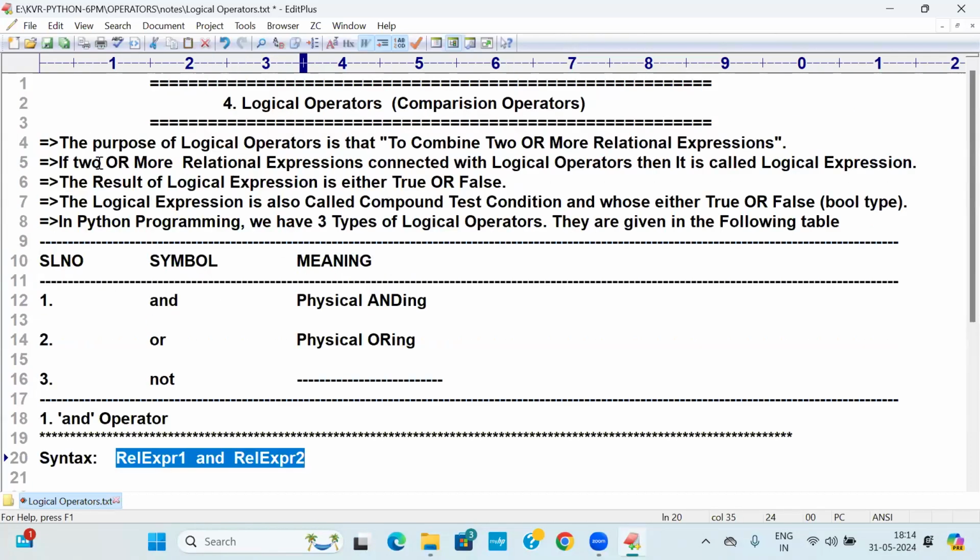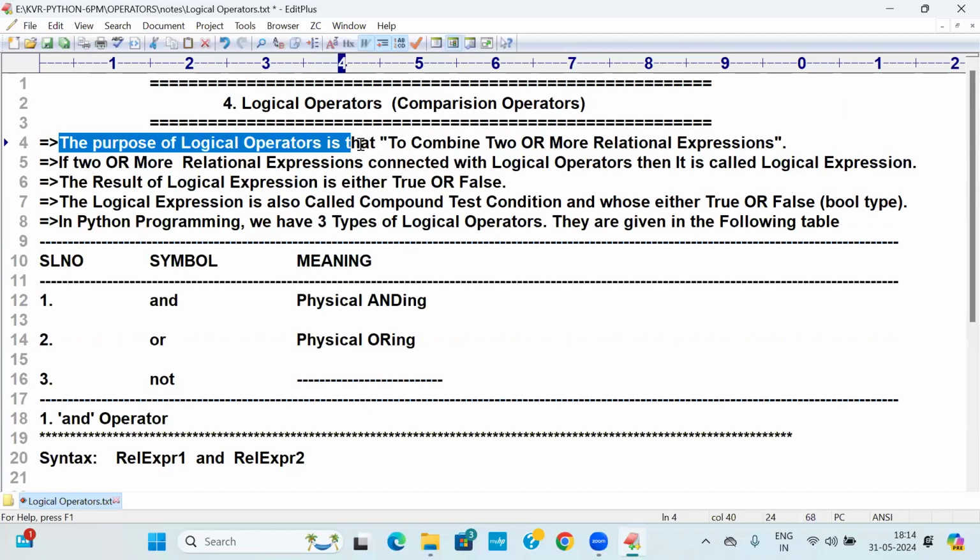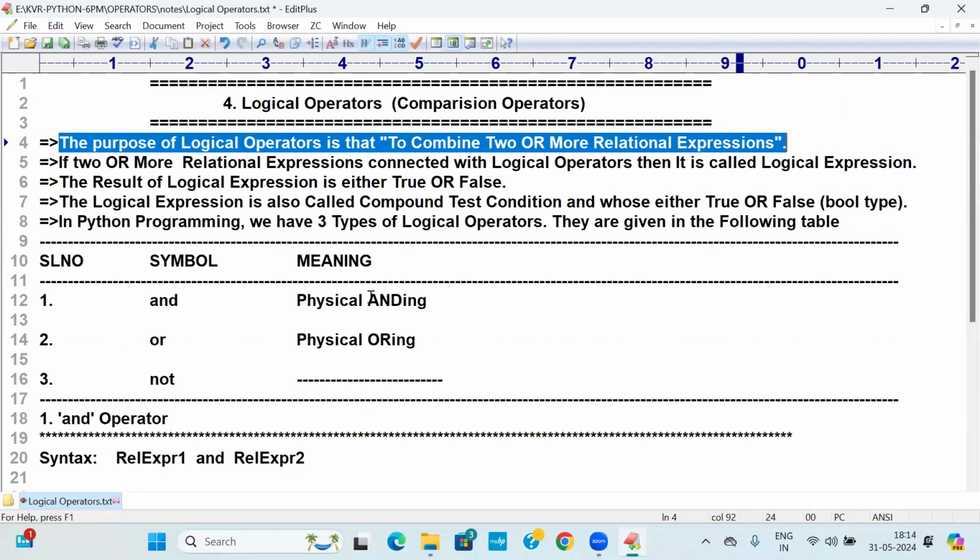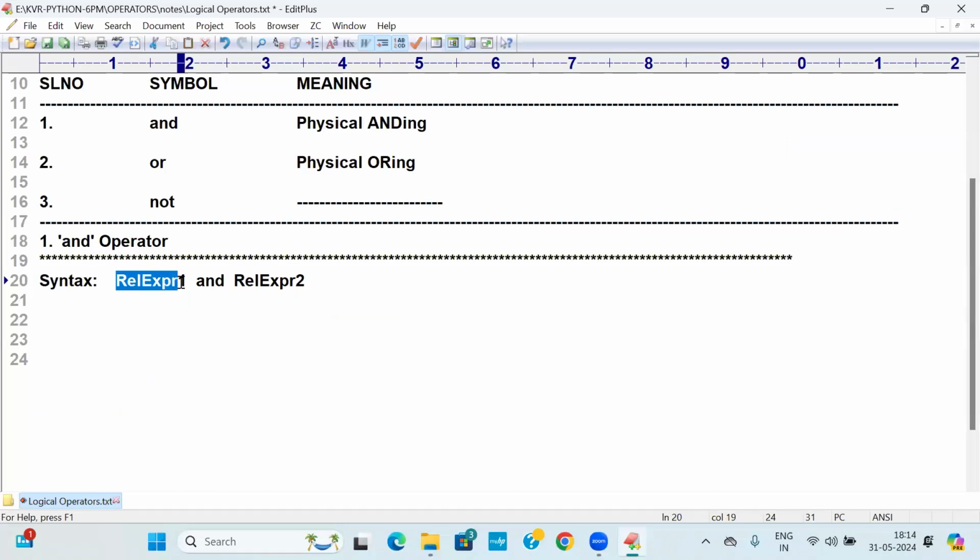That means the purpose of logical operators is to combine two or more relational expressions. Relational expression 1 is combined with relational expression 2. Then I will explain the functionality of the AND operator.